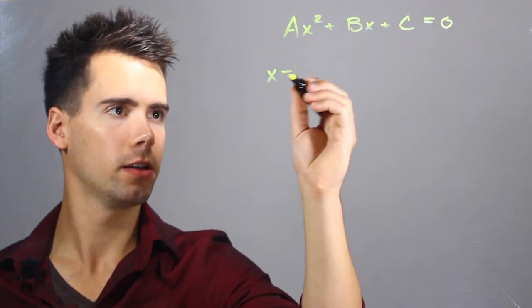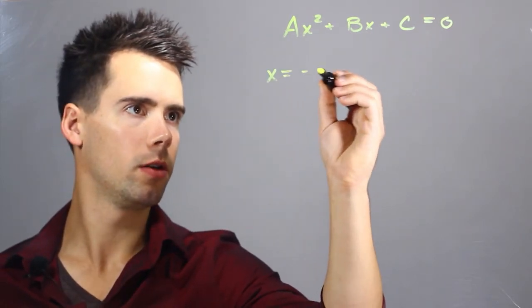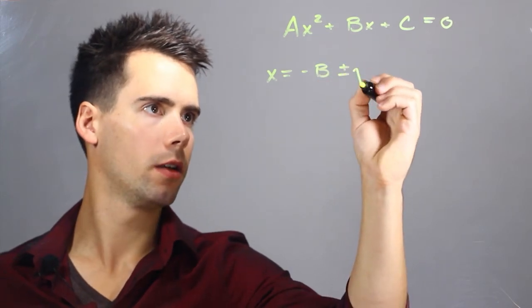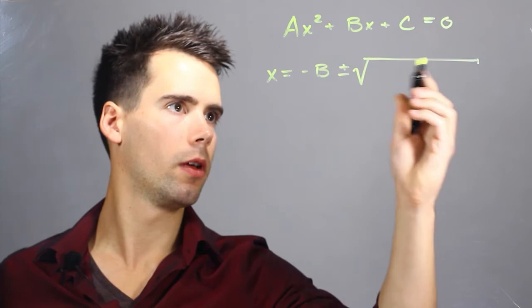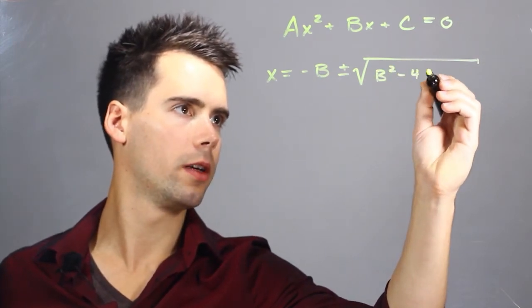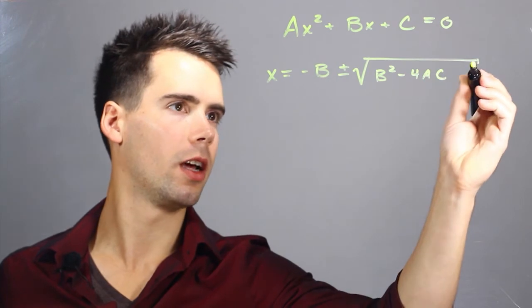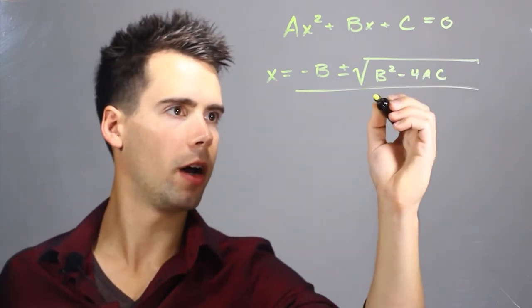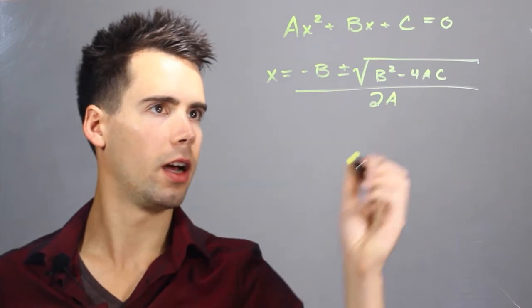We find that x is equal to negative b plus or minus the square root of b squared minus 4 times a times c. And this whole term is divided by 2 times a.